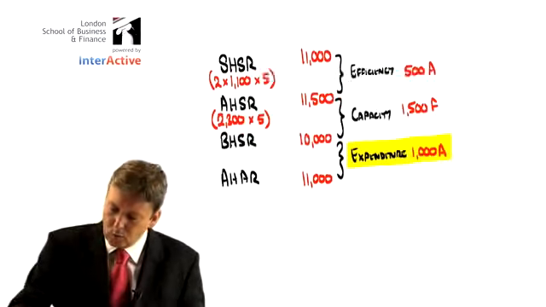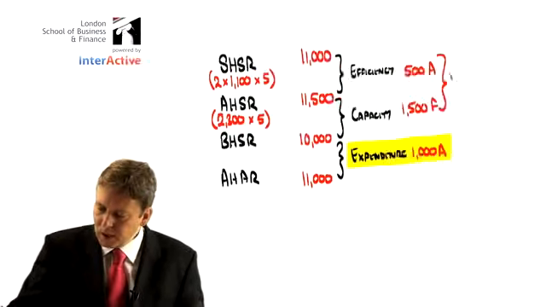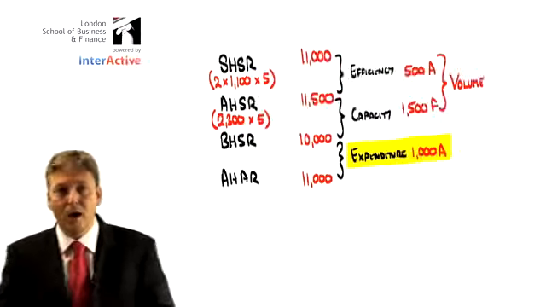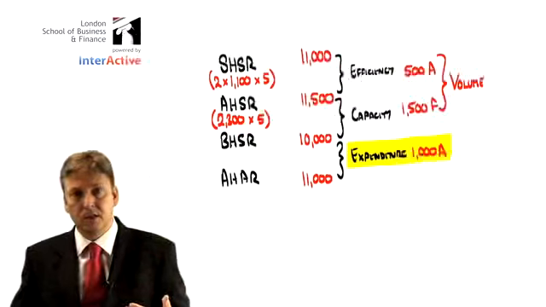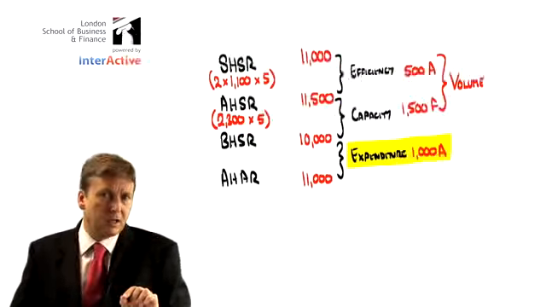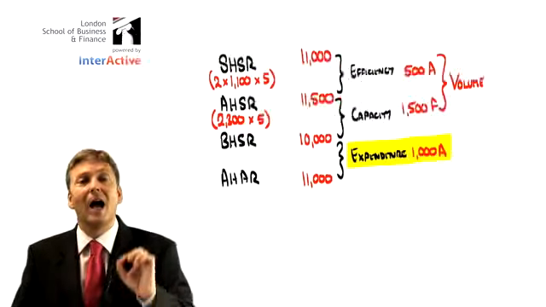However, when we look at the other 2 components, these relate to volume. These relate to whether we have produced more or less units. If you want to refer back to the idea of absorption costing, these relate to absorption.